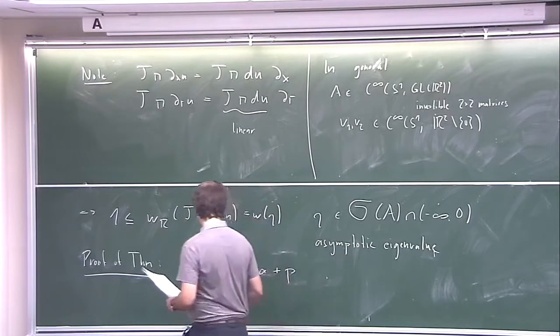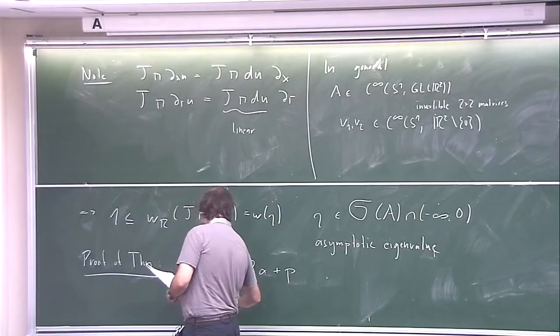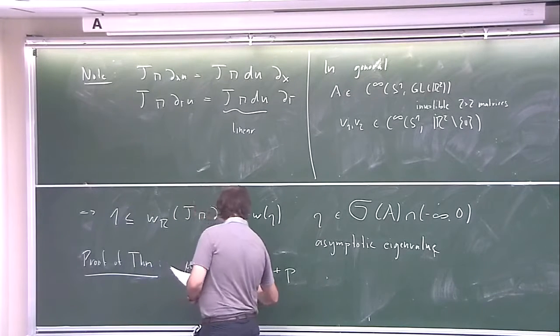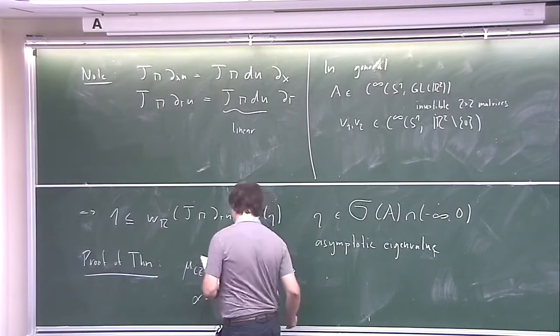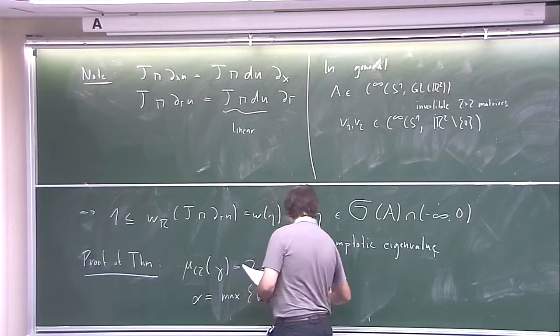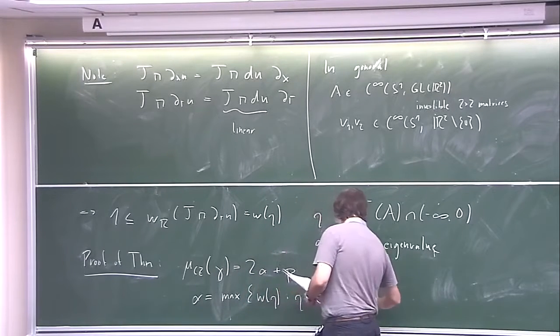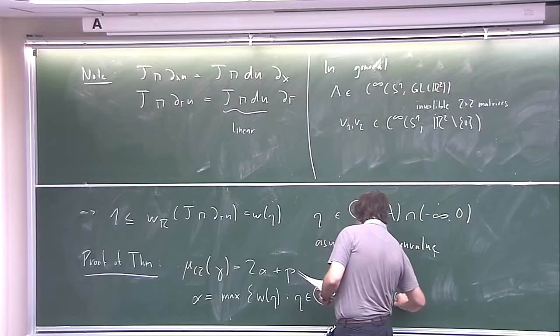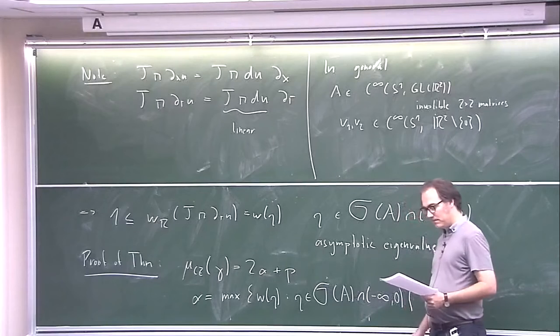And alpha is the maximum of the winding number, so that eta is a negative eigenvalue.